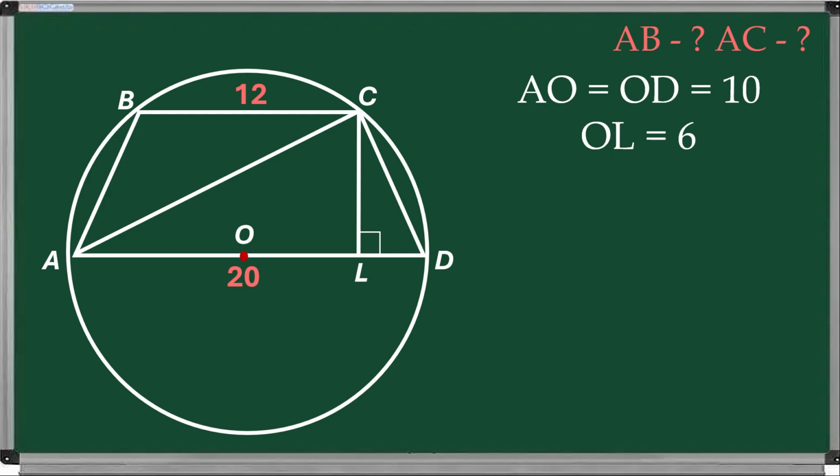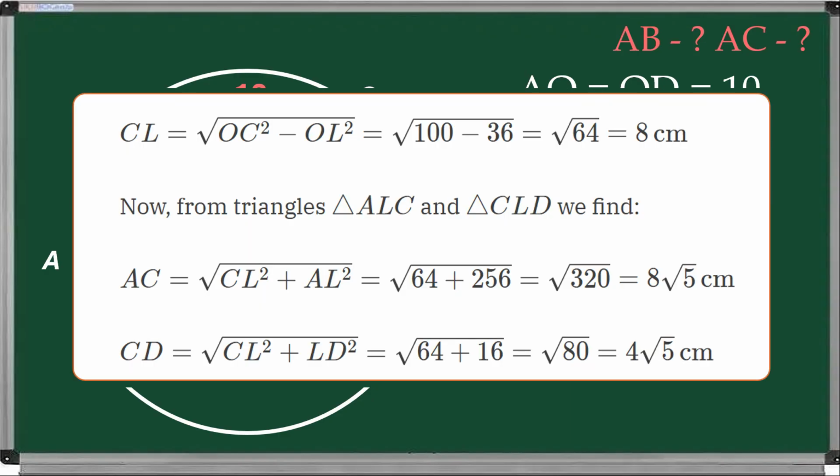Next, consider triangle CLD. The length of LD is half the difference between the bases. LD equals 20 minus 12 divided by 2, which is 8 divided by 2, so LD equals 4. CD squared equals CL squared plus LD squared.